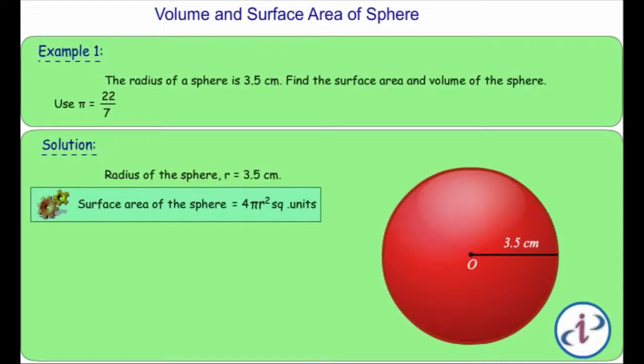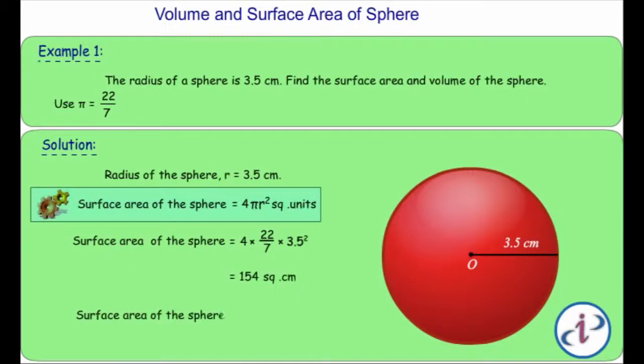On replacing the radius of the sphere in the formula, we get 4 times 22 by 7 times 3.5 squared. On further simplification, we get the surface area as 154 square centimeters.